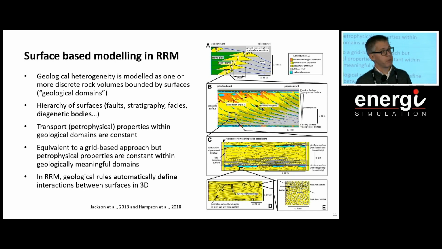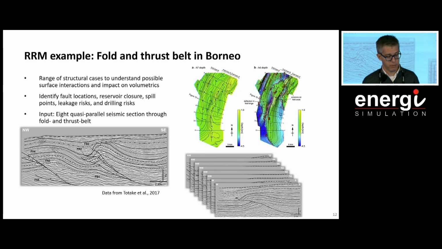The transport properties, the petrophysical properties, are constant within a geological domain. That's exactly the same thing we do in grid-based reservoir modeling, but now we have a meaningful volume, a meaningful domain, not just a grid block of some arbitrary size. And in RRM, we have geological rules in these sketch-based interface modeling operators that make sure that the models we build are geologically consistent.